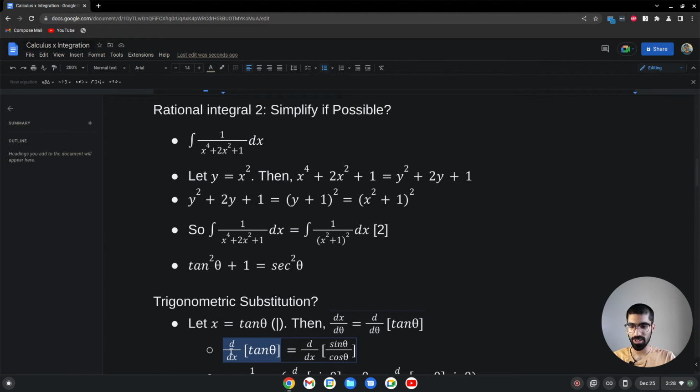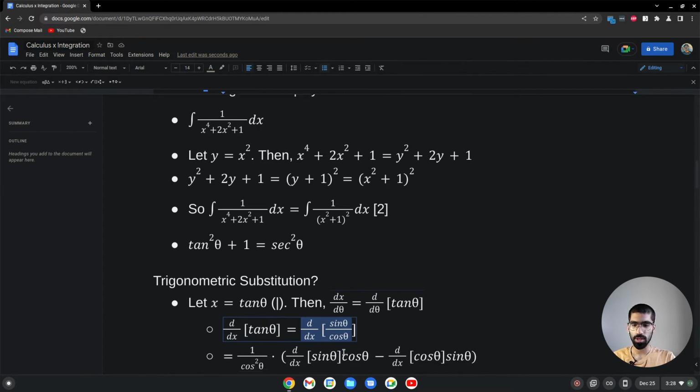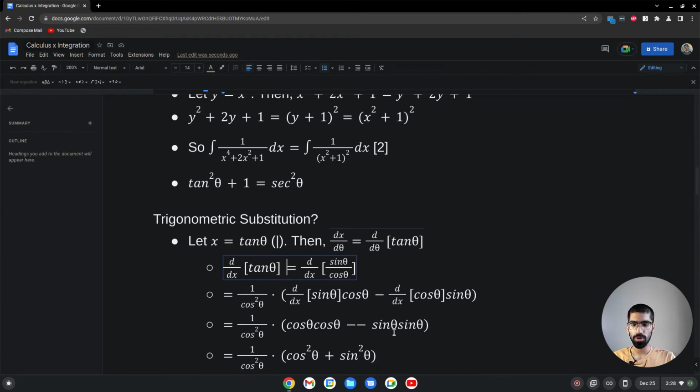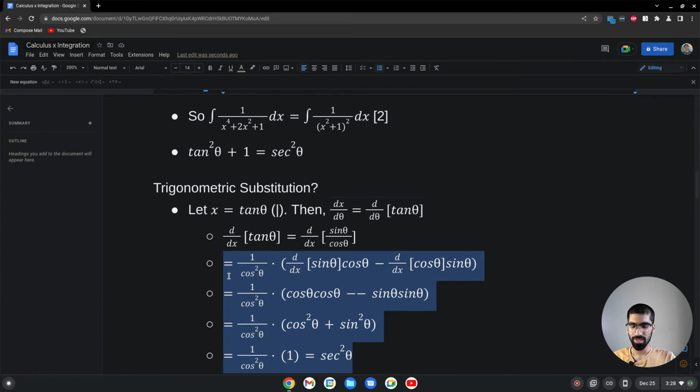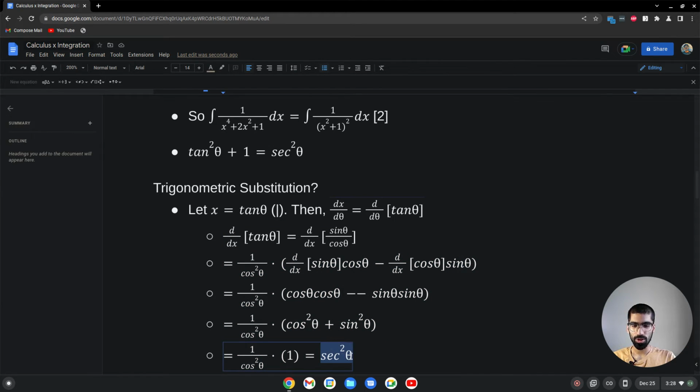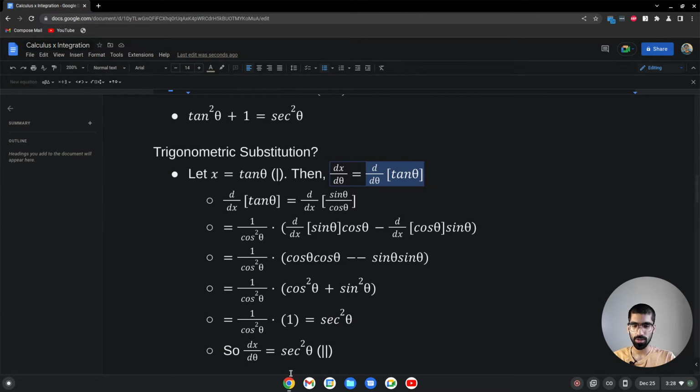Tan of theta is sine theta over cos theta. And then we just use the quotient rule to take this derivative. You can check my math, I hope you will. It works out that we got secant squared. So this thing is equal to secant squared.